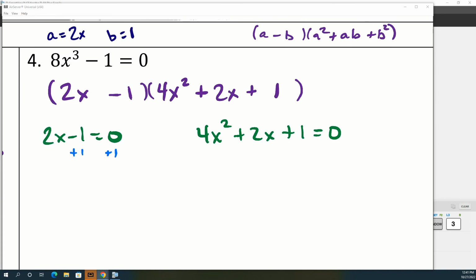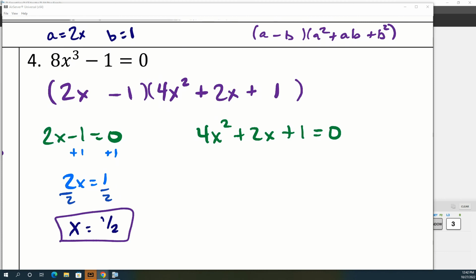We're just going to add the 1 and divide by 2. All right, the other one, we're going to have to do the quadratic formula.